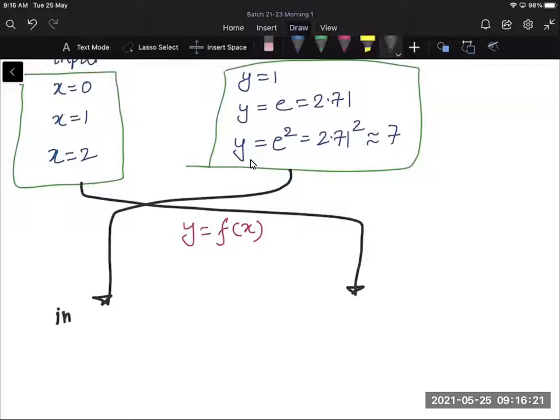So the output of that becomes the input of this, and the input of that becomes the output of this. Sir, that ln of x. Very good. Yes.